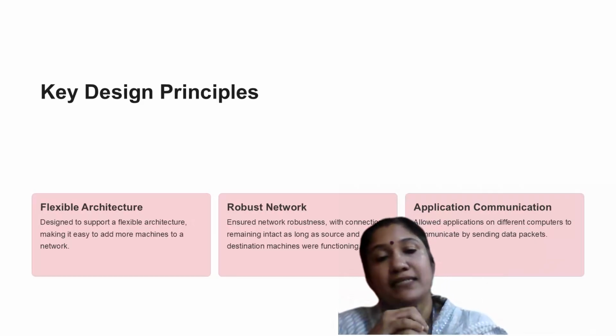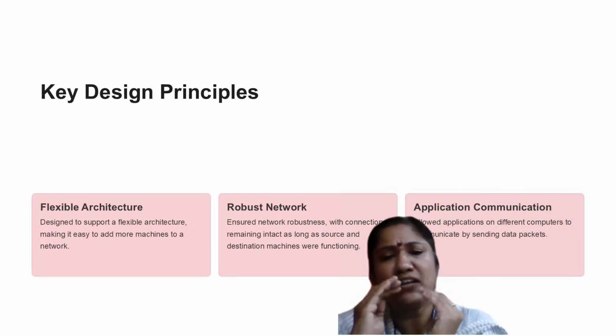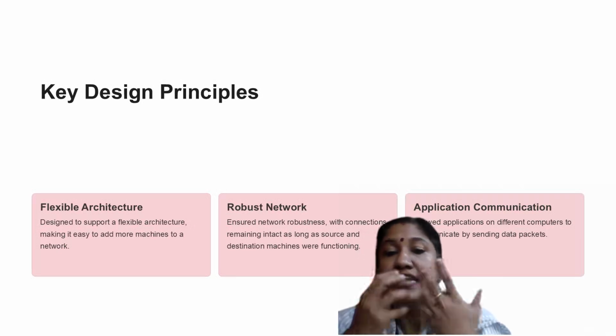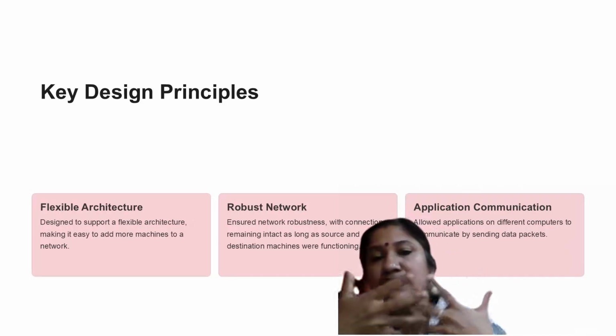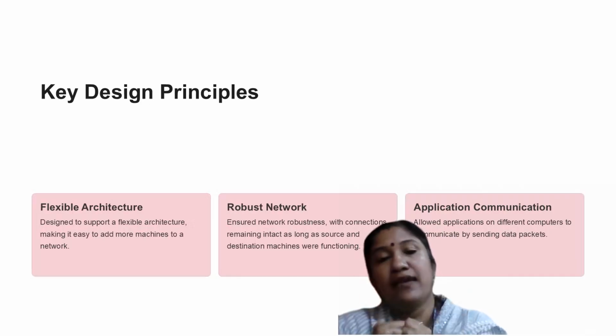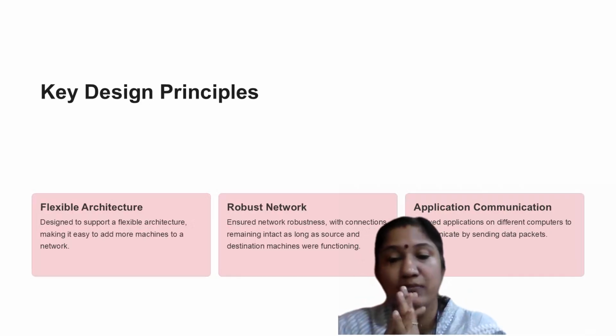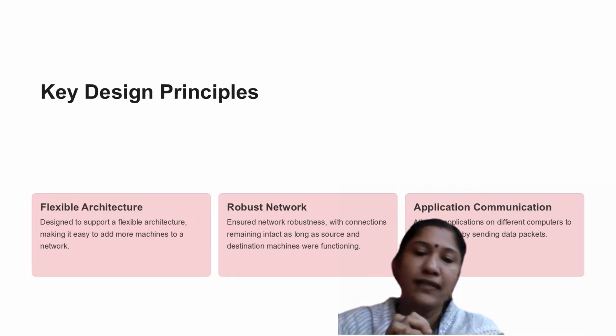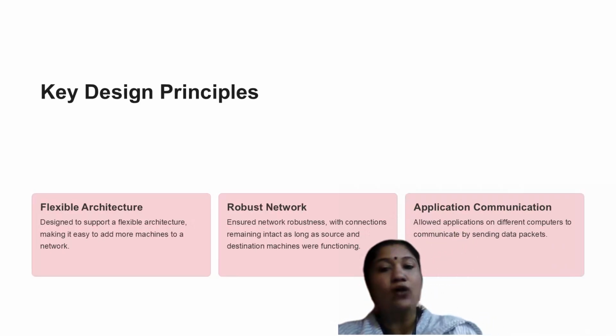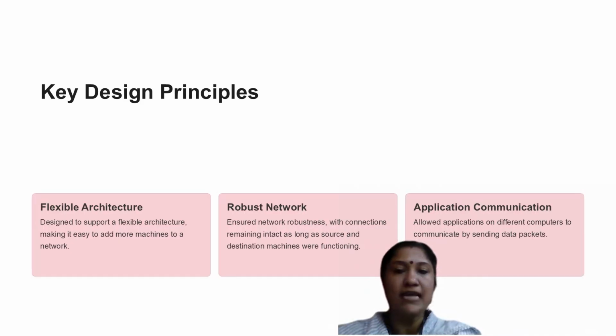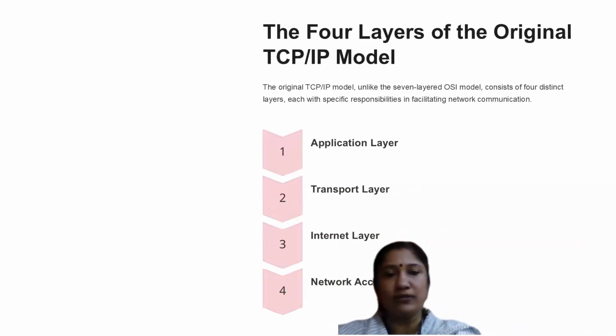The second one is that it provides a robust network, with connections remaining intact as long as the source and destination machines are functioning. The third one is that it allows application communication, letting applications on different computers communicate by sending data packets to each other.